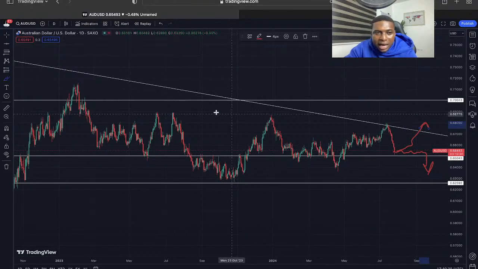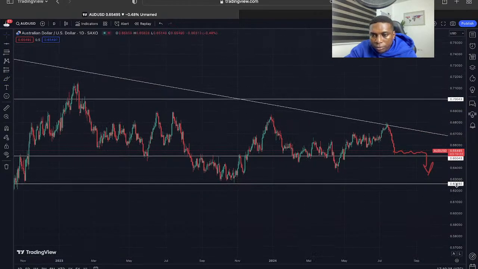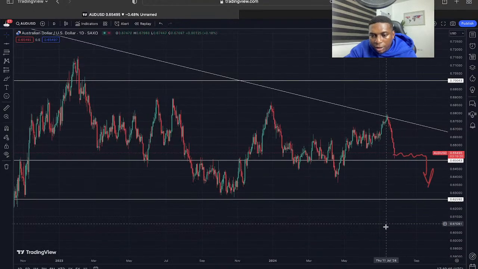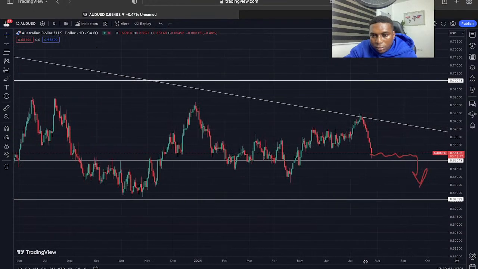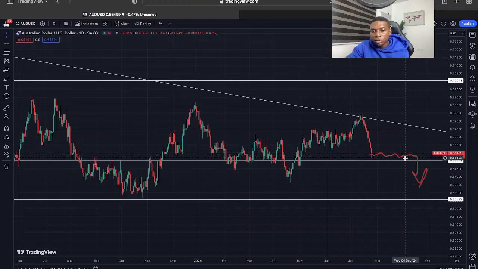However, from what I can see here on this daily time frame, price would most likely just consolidate a little and then break down further.